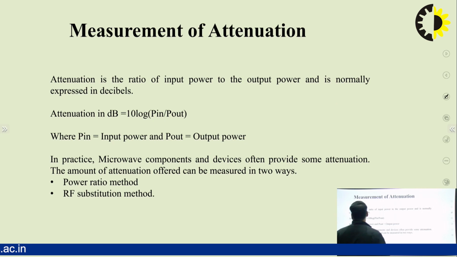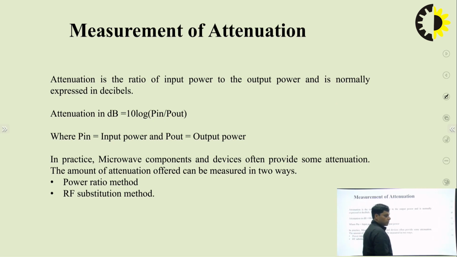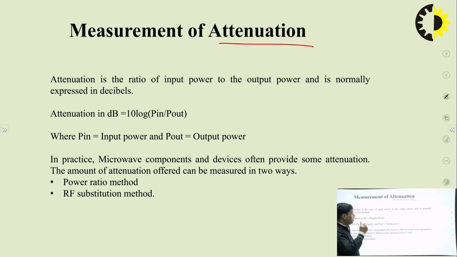The next topic for the present explanation is the measurement of attenuation. Attenuation is another property of any device, so how can we measure it through the microwave test bench? Attenuation is the ratio of input power to output power, and it is simply expressed in terms of dB.